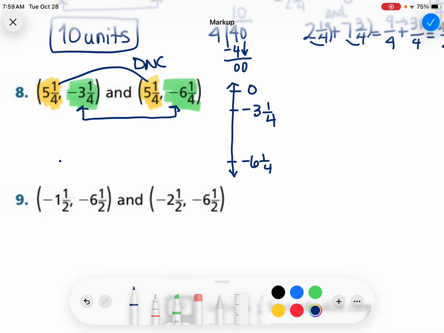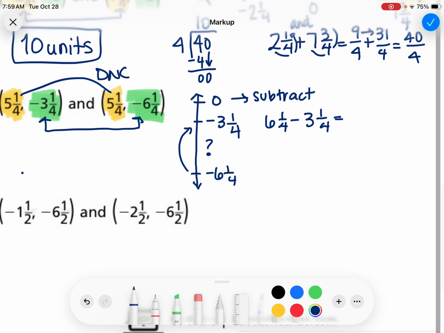Well, I'm not having to cross. If I don't have to cross 0, remember, we don't add. I just have to go from here to here. We subtract. We want to know how many units are between 6 1/4 and 3 1/4. A lot of you can already tell me 3, but let's go ahead and test it out, okay? So I would subtract the larger minus the smaller.